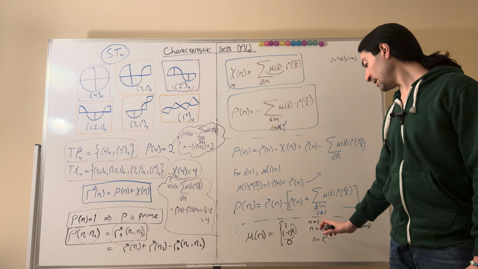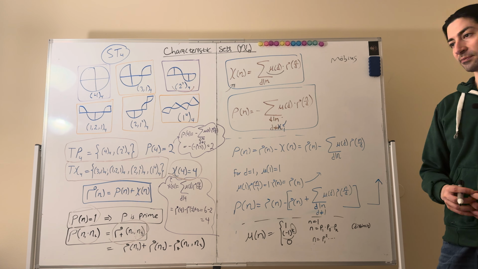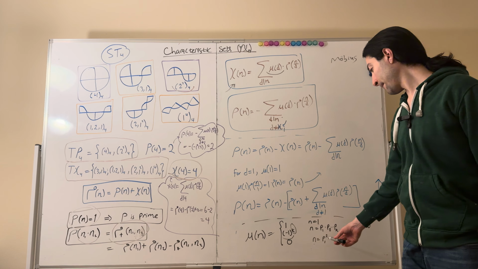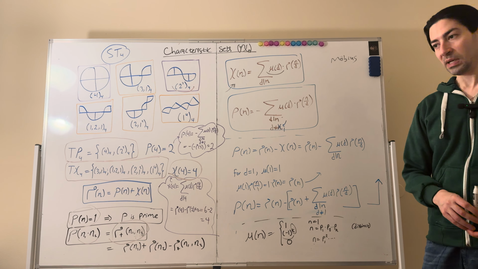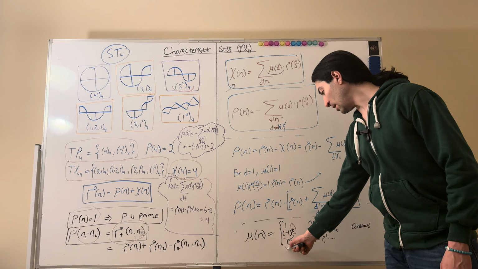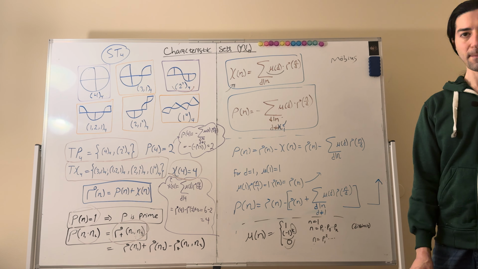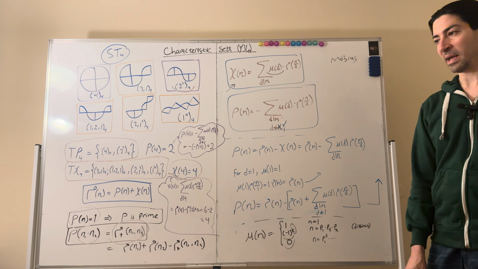And if n is divisible by the square of a prime, then the Möbius function becomes 0. Okay?